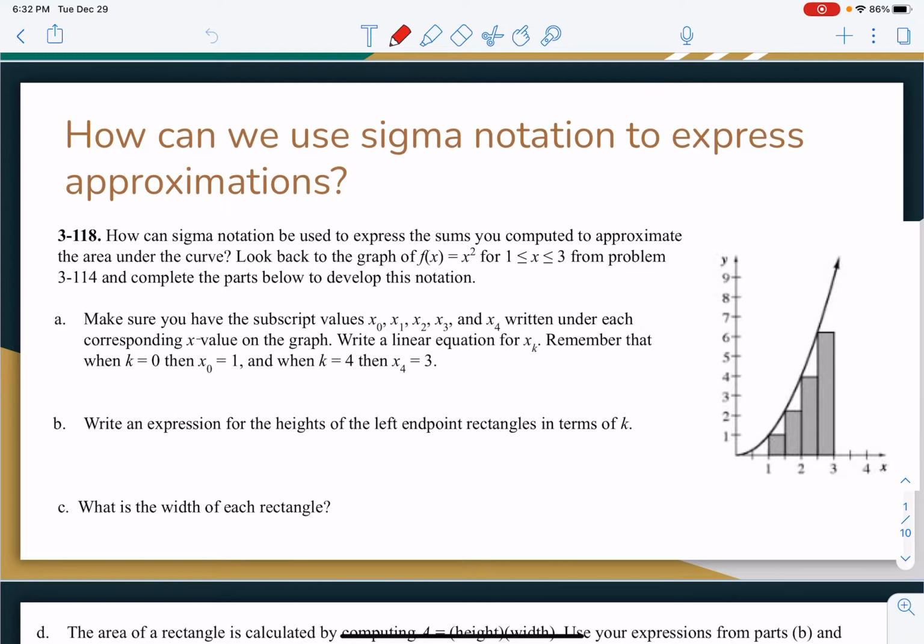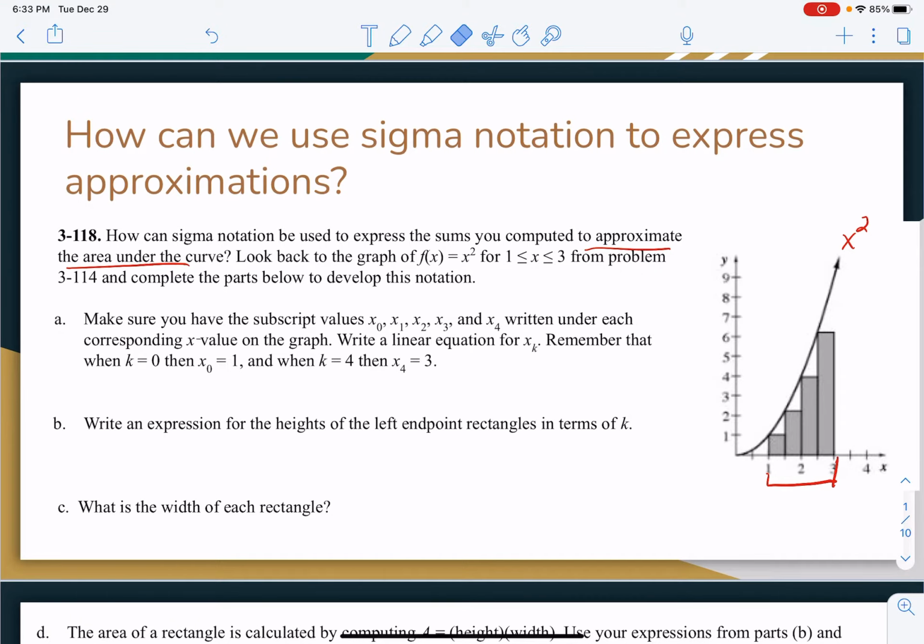So going back to the graphs that we made in 323, we now want to look at how we can use sigma notation to express the sum that we used to approximate the area under the curve. So think back to the problem from the last lesson where we graphed the curve x squared, and we were trying to find the area under that curve between the intervals of 1 and 3.